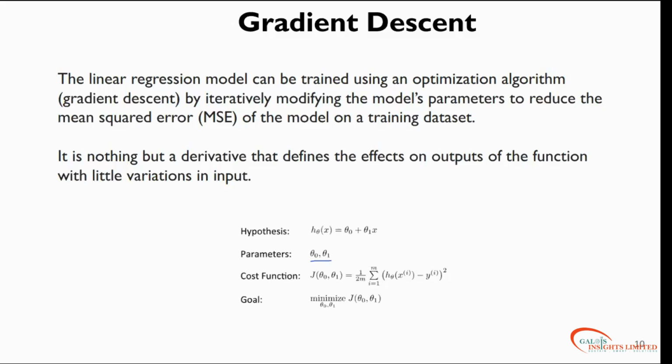It goes through an iterative process and updates the model parameters, theta naught and theta 1, which represent the intercept and the slope. It does this to find the values that minimize the cost function and provide the best fit to the observed data.